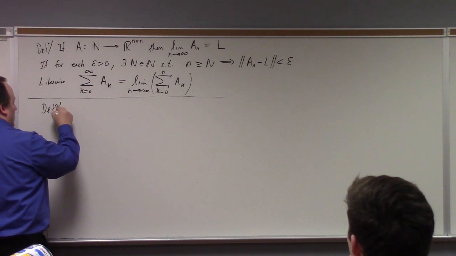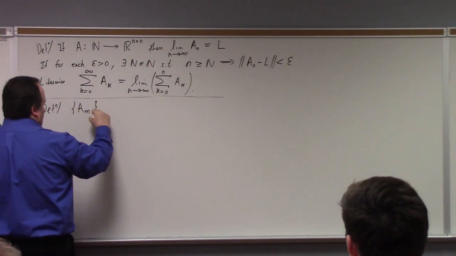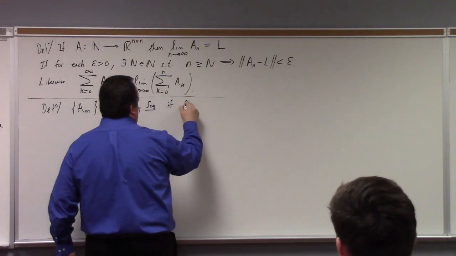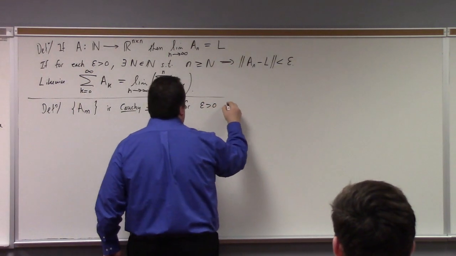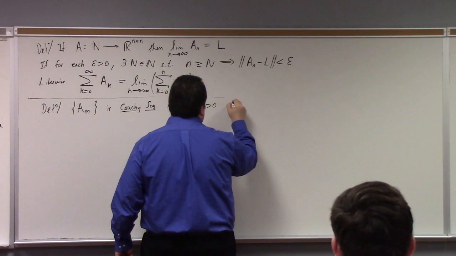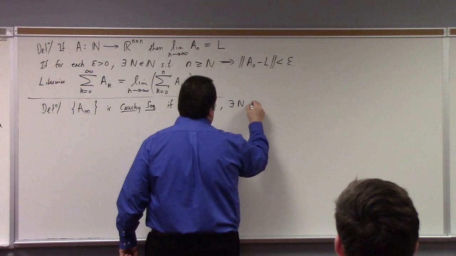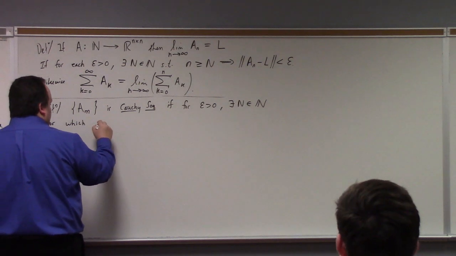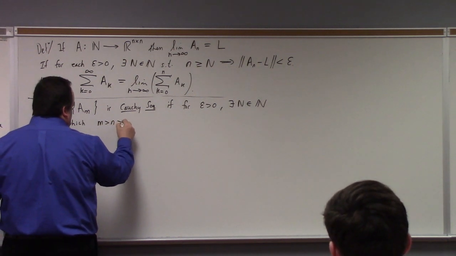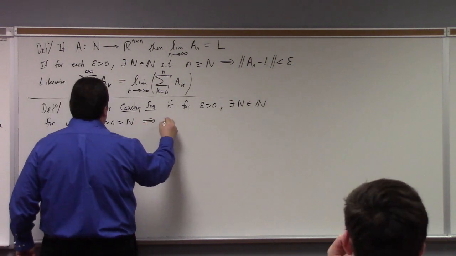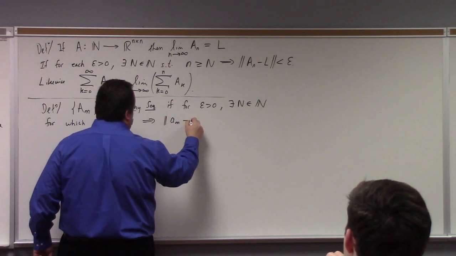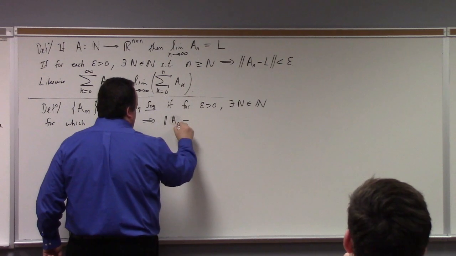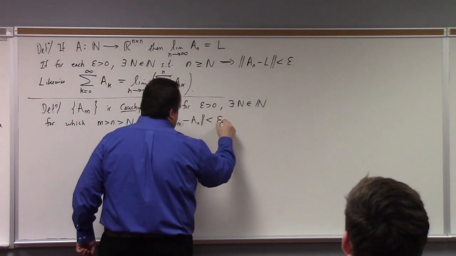Definition. A sequence A sub m is a Cauchy sequence if for every epsilon greater than 0, there exists a big N in the natural numbers for which m greater than n greater than big N implies that the norm of A sub m minus A sub n is less than epsilon.